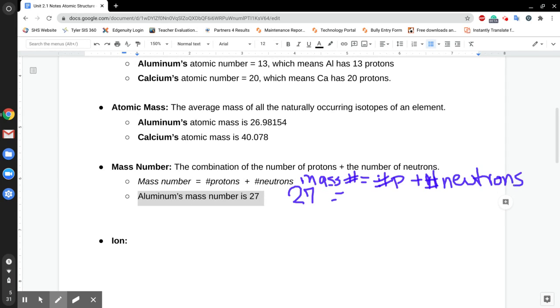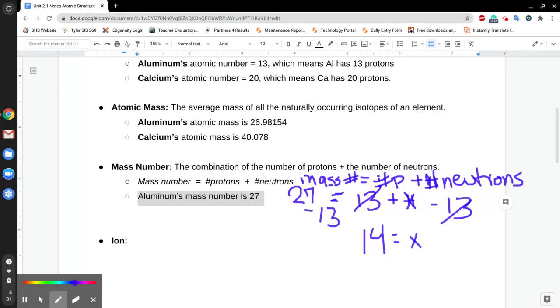That means 27 is equal to 13 plus x, because we don't know our number of neutrons. It's just simple algebra. We subtract 13 from each side, then it's 27 minus 13, and we're left with 14. So that tells me there are 14 neutrons.